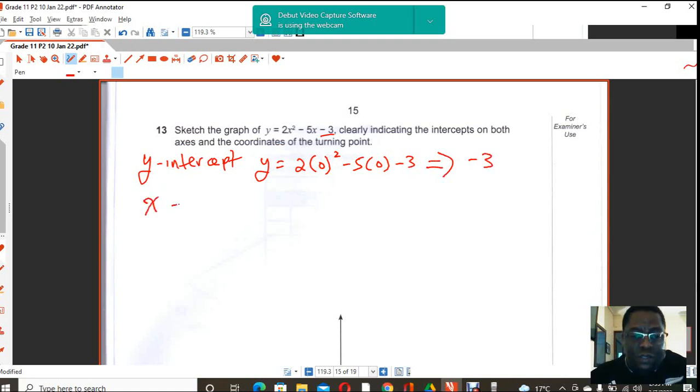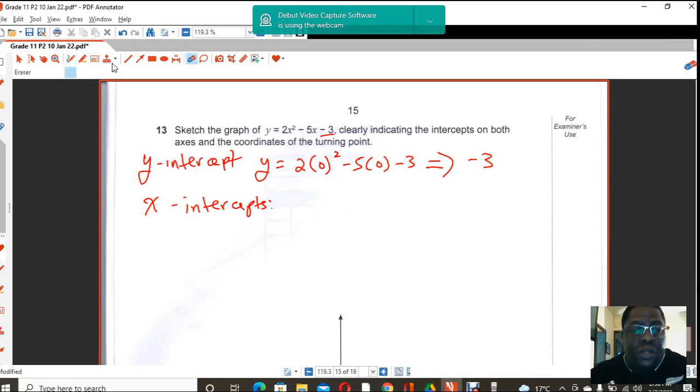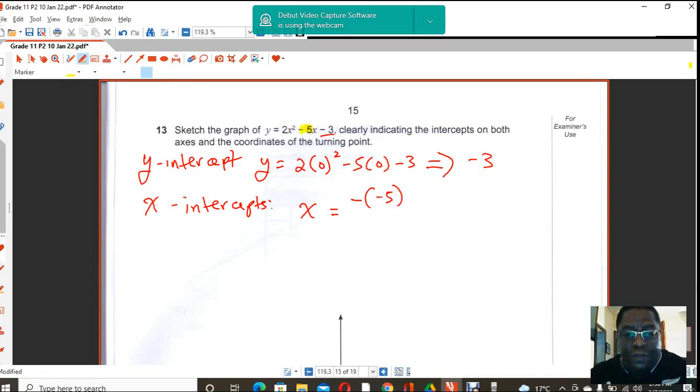The x-intercept, you must use the formula. So you'll be saying, wait a minute, I need to know where this graph is going to cut the x-axis. So it's minus b, which is negative 5, coming all the way from here.